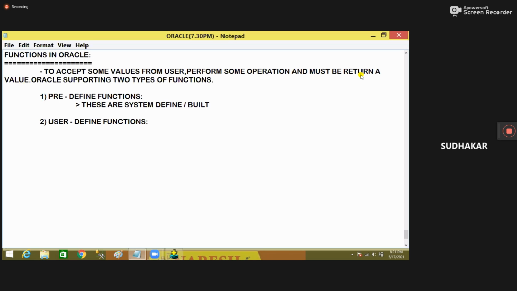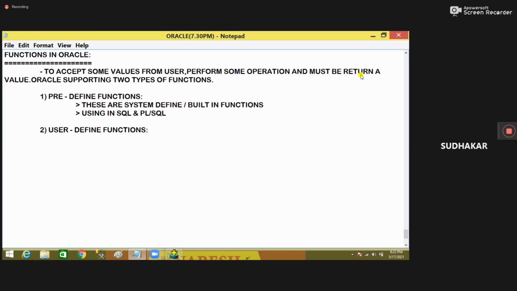These predefined or built-in functions are used in SQL queries and also in PLSQL programs.